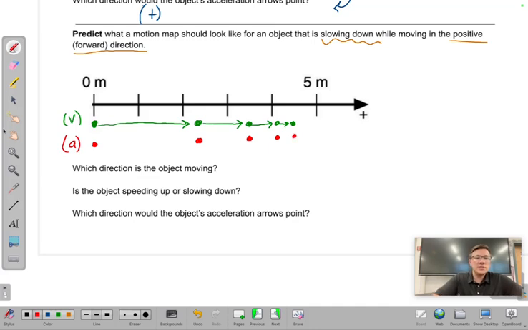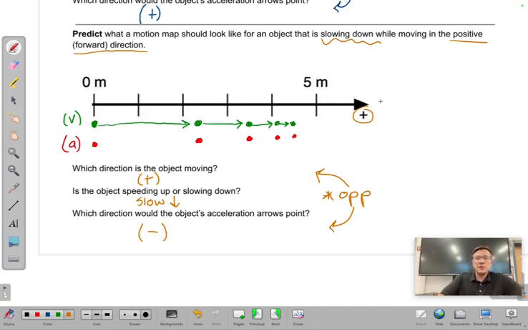Which direction is the object moving? Well, it told us that the object is moving again in the positive direction. Is it speeding up or slowing down? It is slowing down. And when the answer is slowing down, then the direction of movement and the direction of acceleration are going to be opposite, so that means that the acceleration must be negative.